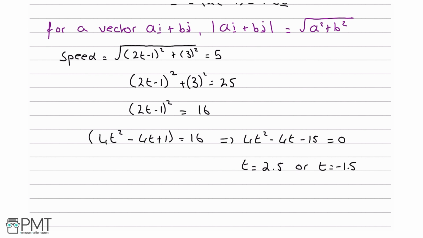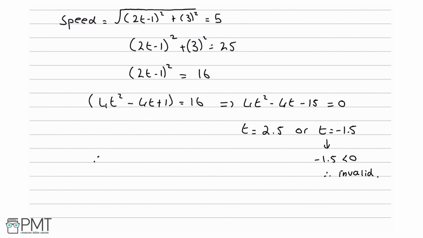Because t has to be greater than or equal to 0, minus 1.5 is less than 0 and therefore invalid. So therefore t equals 2.5.